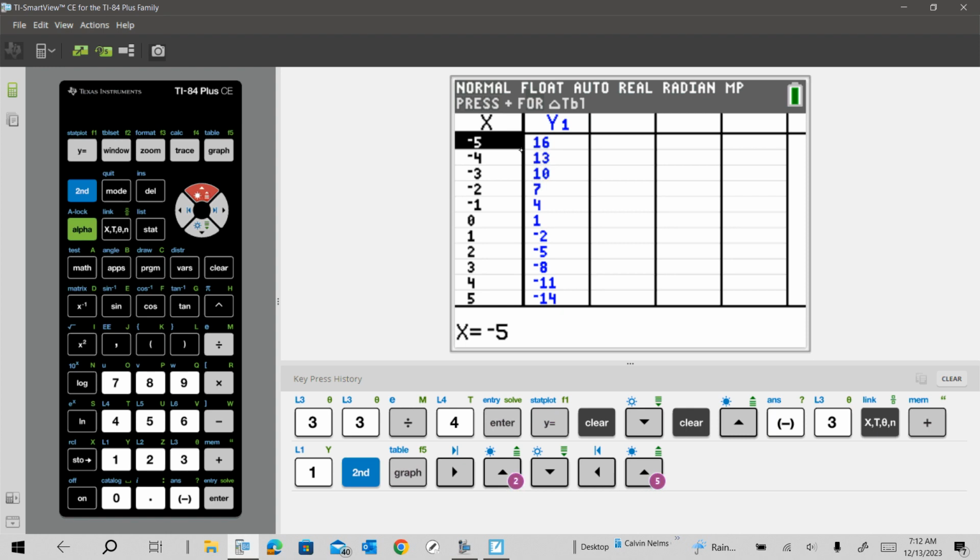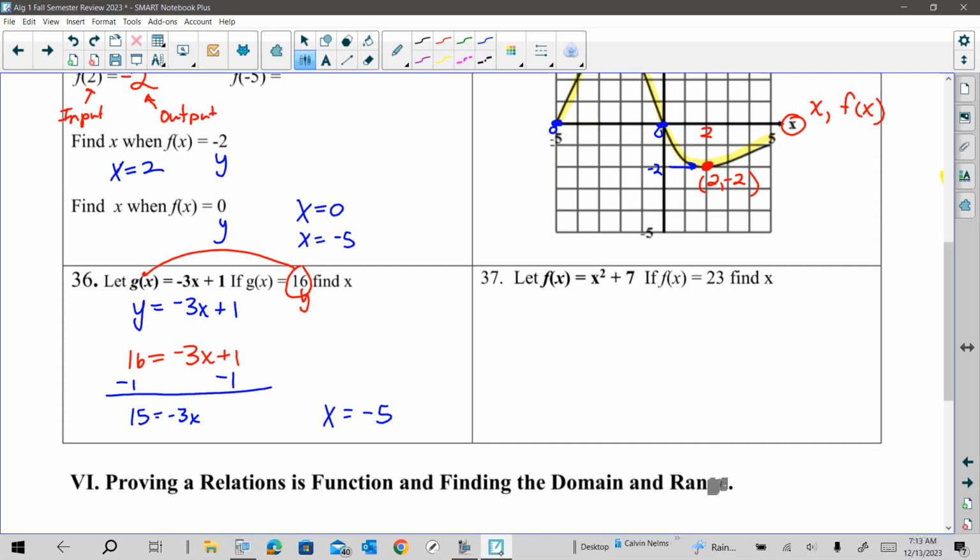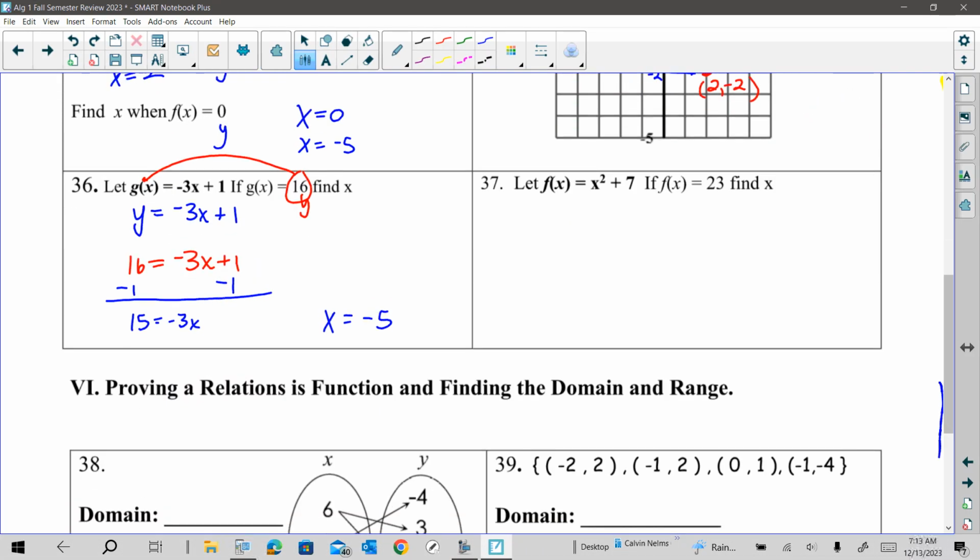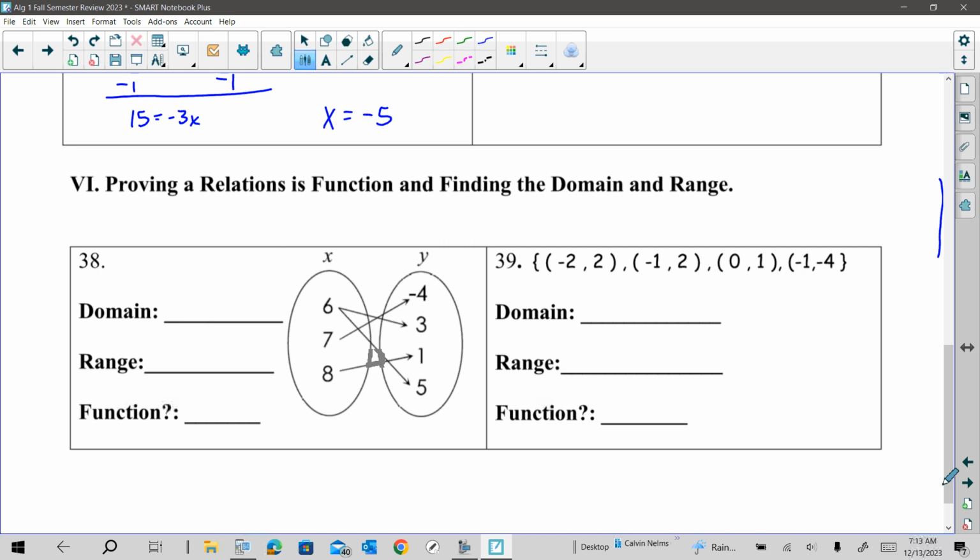So once you try those, and then domain and range here, we have to remember domain represents our x values, our range are our y, and for it to be a function, we cannot repeat. If it's a function, no repeating x.